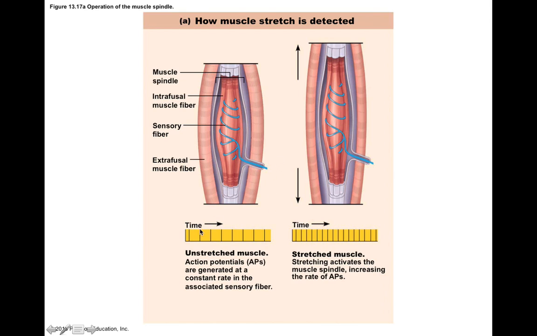that at rest, there's only a certain frequency of action potentials being transmitted by this sensory neuron. While the muscle's being stretched, you see that its action potential frequency increases, and this informs our nervous system of the position and length of that given muscle.